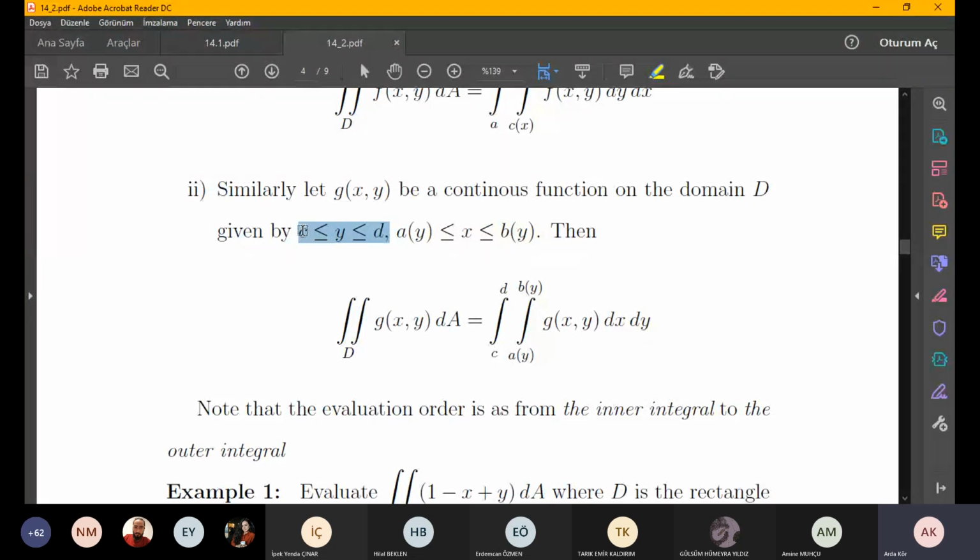That is why the other single integral has limits of integration from c to d.